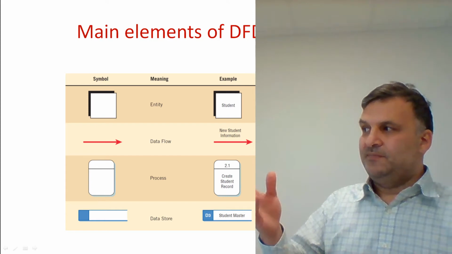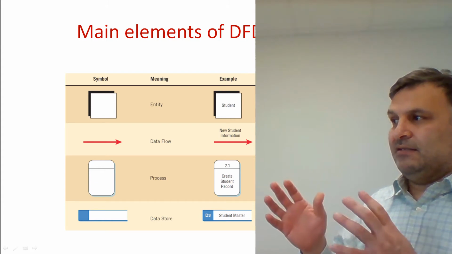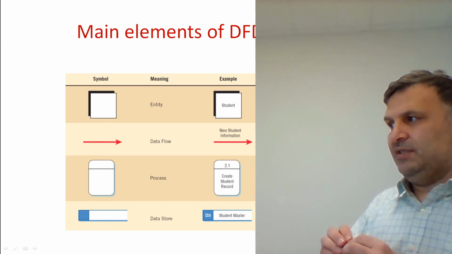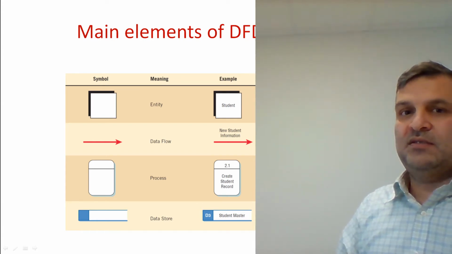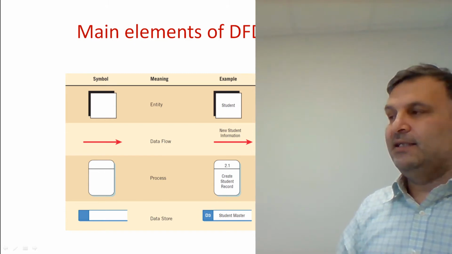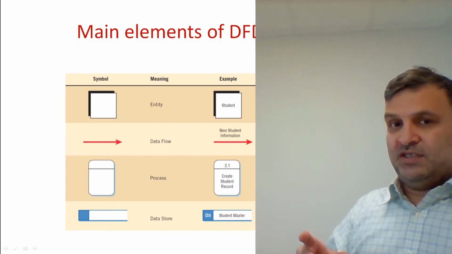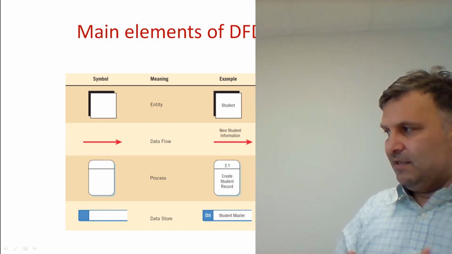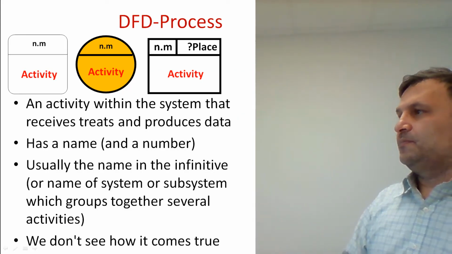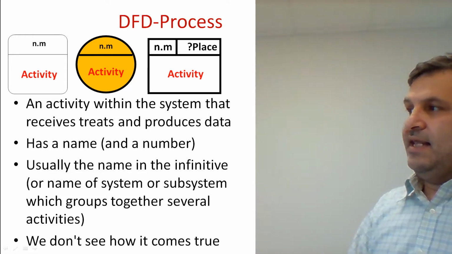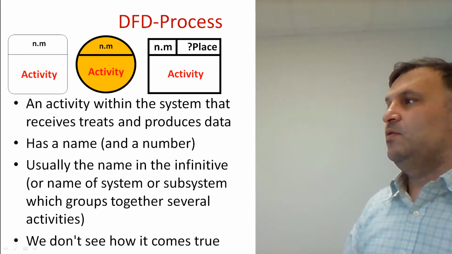This is the familiar representation of the elements of DFD, but sometimes we have some different representations. For example, if we don't put a shadow on the rectangle that represents the external entity, it is not really a problem. We have another representation of the process. For example, we can represent it as a circle. So the activity of a process may be represented by one of these forms.